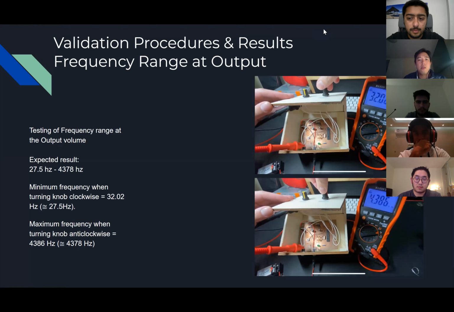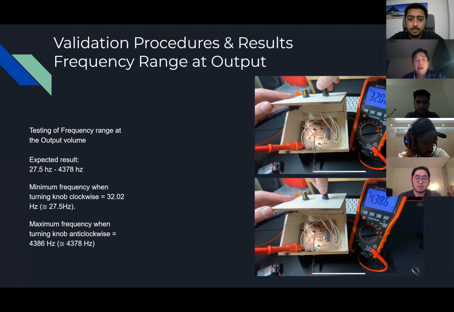And this is the frequency range at the output. Again, I applied the DMM700 to measure the frequency at the output of the volume control, and when I turn the knob clockwise, I hit 32.02 Hertz, very close to the 27.5 Hertz expected value.